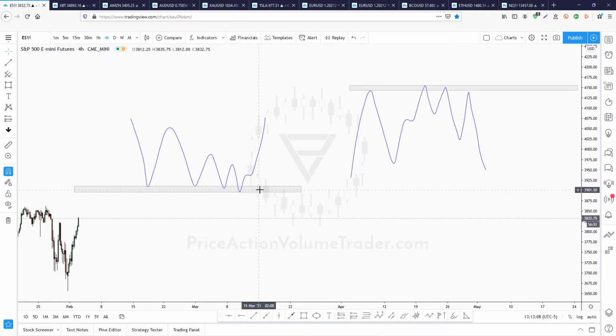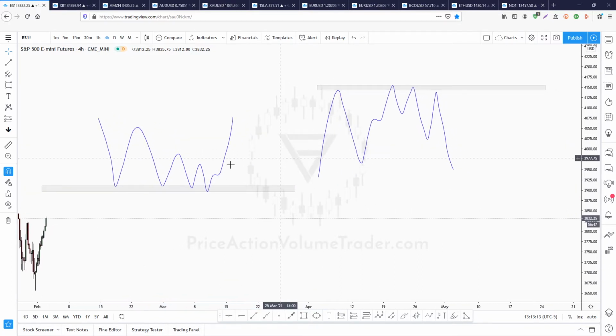This is actually contrary to the true behavior of support and resistance levels, because every time price comes into this level, it starts eating away orders. When price came here and bounced and came back, there were buy orders here. When it comes here, it eats away some of those orders, and eventually the buyers overwhelm the sellers and it goes out again.